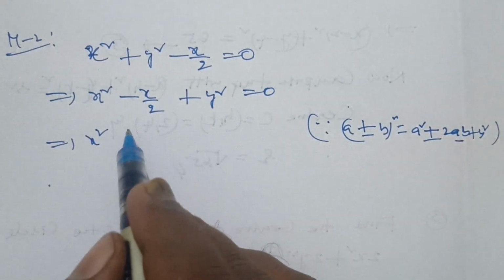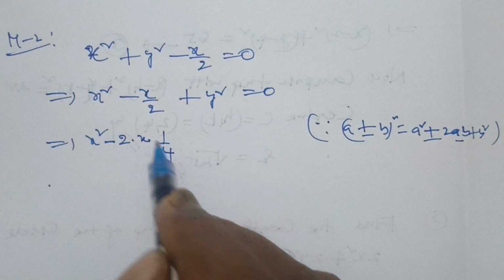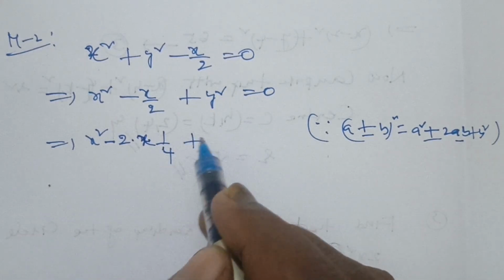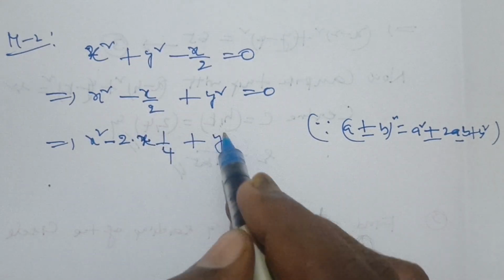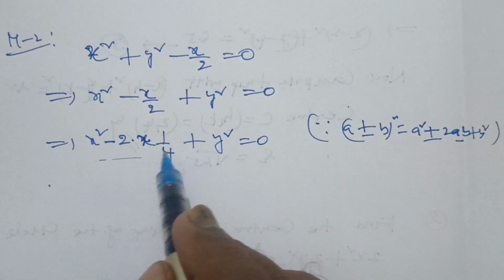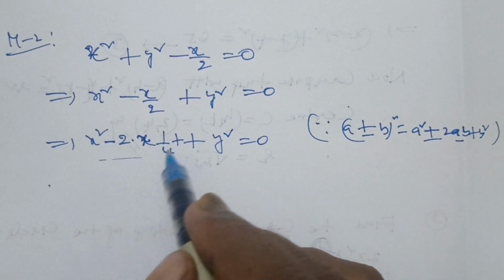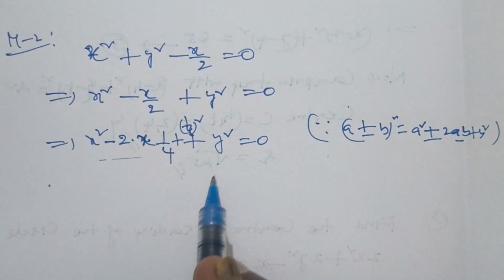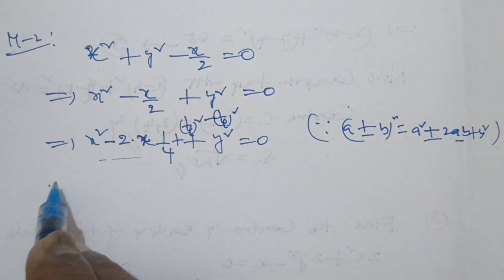So here x square minus x by 2 is there. This can be written in a square minus 2ab plus b square form. So x square minus 2 into x into 1 by 4 plus 1 by 4 whole square. Here plus 1 by 4 whole square, the same will be subtracted here, 1 by 4 whole square plus y square equals to 0.